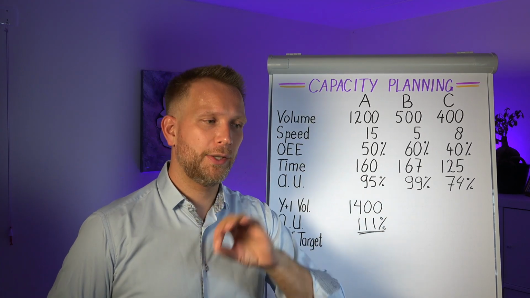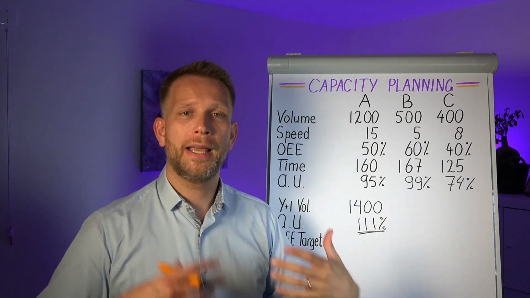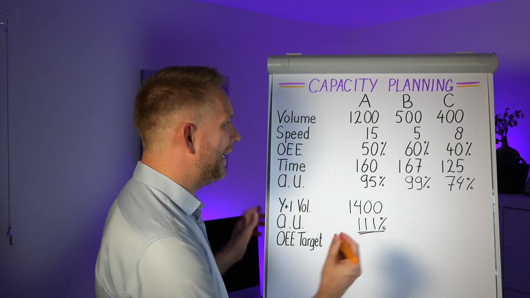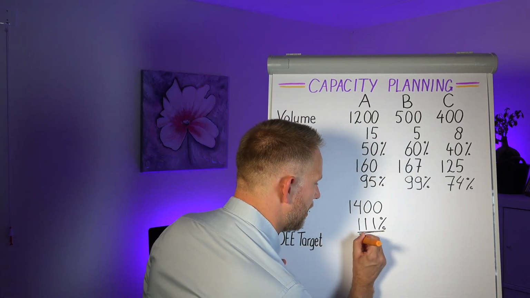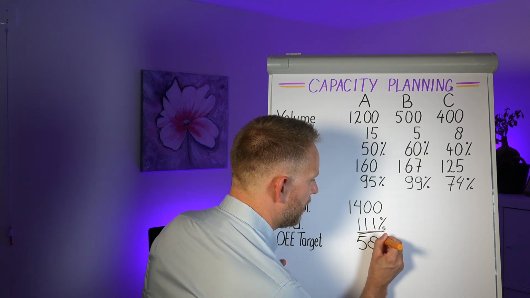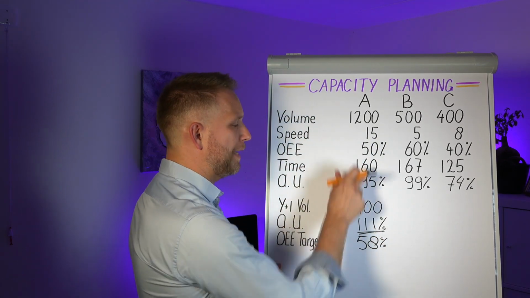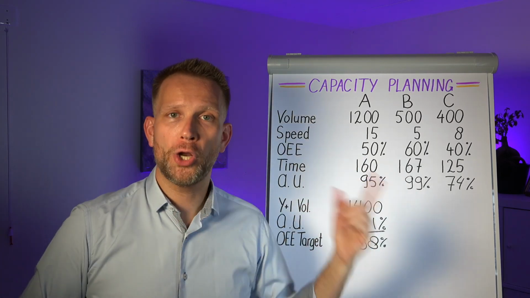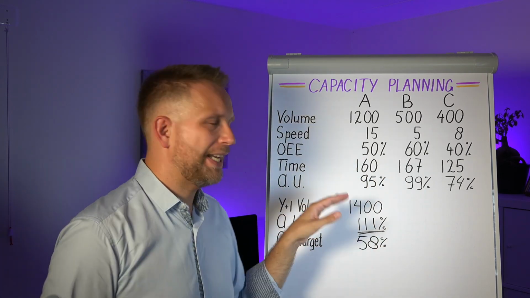So to get to 95% asset utilization with that volume, what OEE do we need? And we can do the calculations. And then we get to 58%. So we need to improve our OEE by 8 percentage points on line A to be able to safely make that volume.